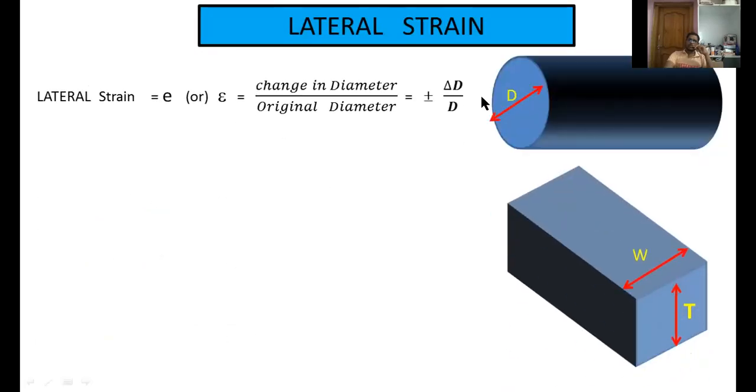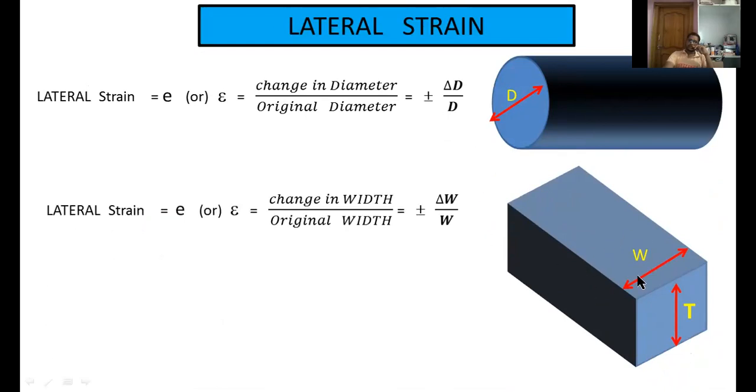Now delta D by D, here D is the lateral dimension for circular bars. In case of rectangular cross sections, L is the linear dimension, and width and thickness of the bar are called lateral dimensions.